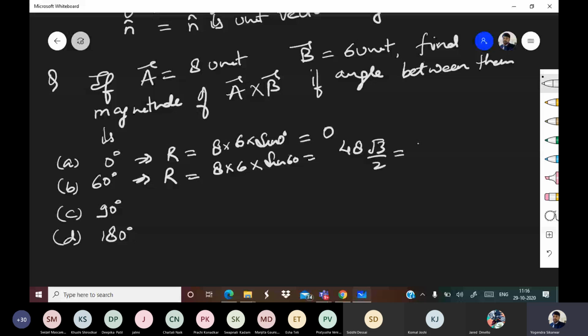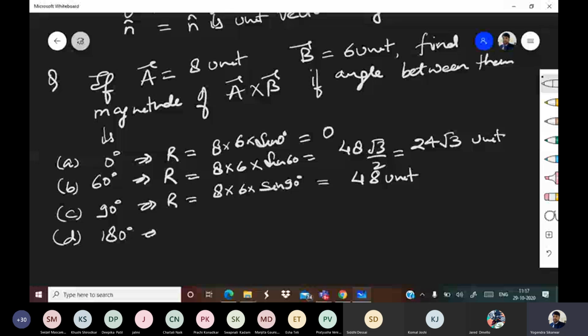In the third case, the resultant will be 8 into 6 into sine 90, and that will be 48, and this will also be the maximum value. And in the last case, when theta is 180, 8 into 6 into sine 180, and that will be 0. So there are two things which we realized from this question.